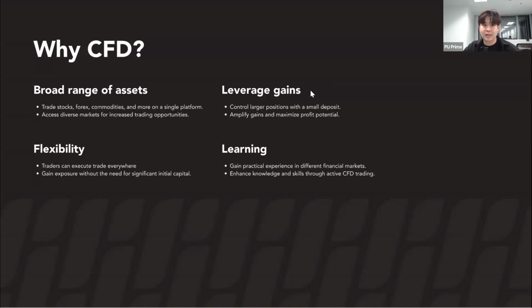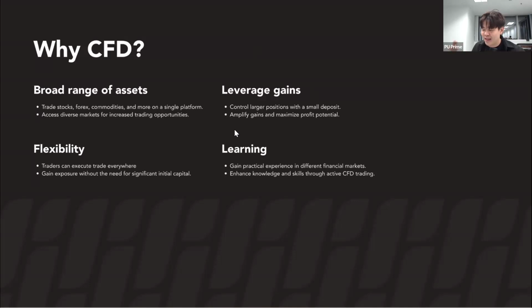And even Bitcoin, even some other asset classes like GBP USD, EUR. For example, right now, we understand there is a political crisis in France, and that's why the Euro is dropping. So you understand it, which means that you are going to learn a lot in this industry compared to just one asset class. So it's a very, very good thing for you to learn as long as you don't overtrade.